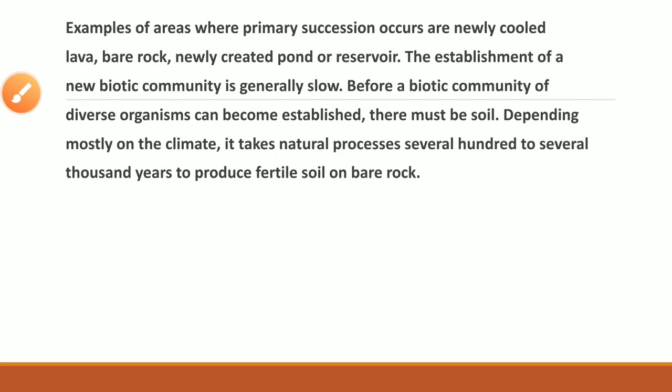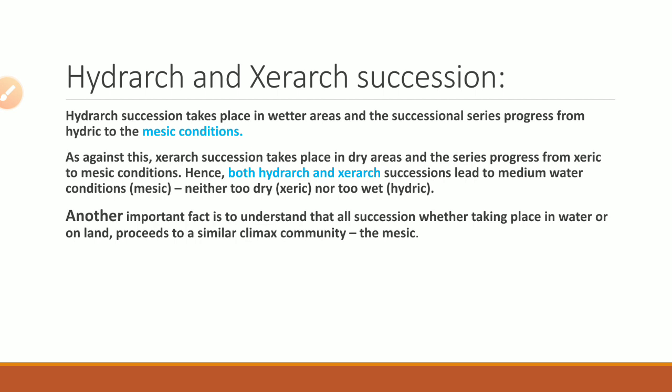Examples of areas where primary succession occurs are newly cooled lava, bare rock, a newly created pond or reservoir. These are the sites where primary succession can occur, and it is a very slow process. There are two kinds of succession: hydrarch and xerarch succession.